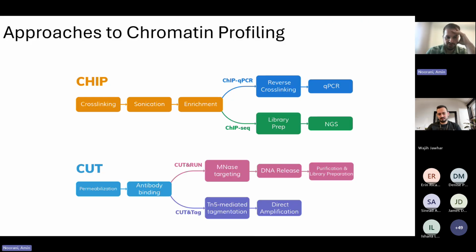As a brief introduction, there are two main families of techniques that take a similar approach, which is chromatin profiling. ChIP-seq is the traditional method, which works by cross-linking proteins to DNA with formaldehyde, breaking up the chromatin into fragments, and kind of fishing out the pieces attached to your protein of interest.